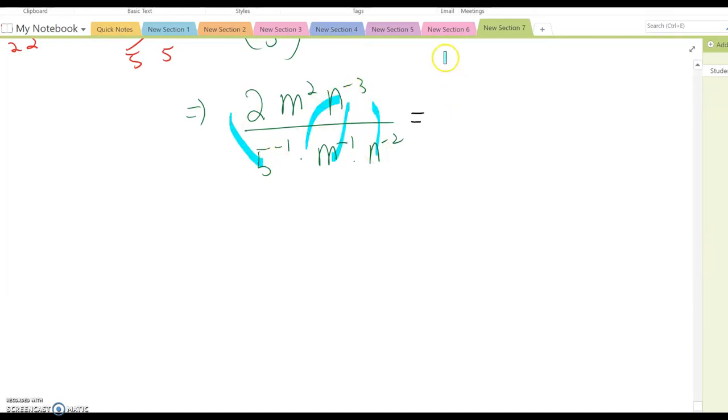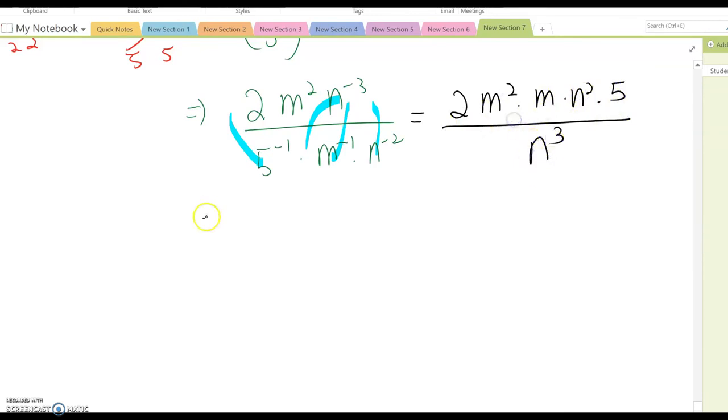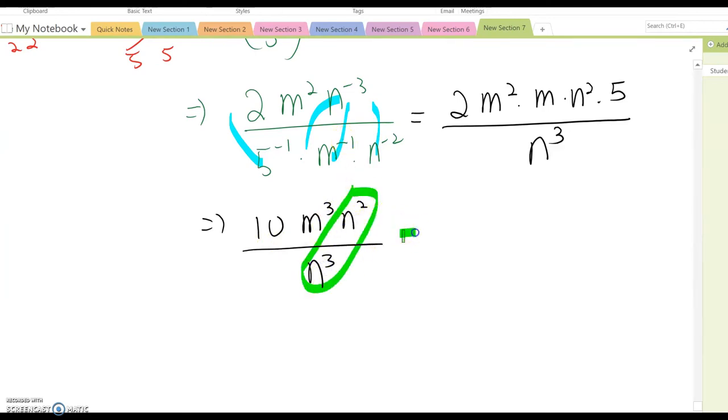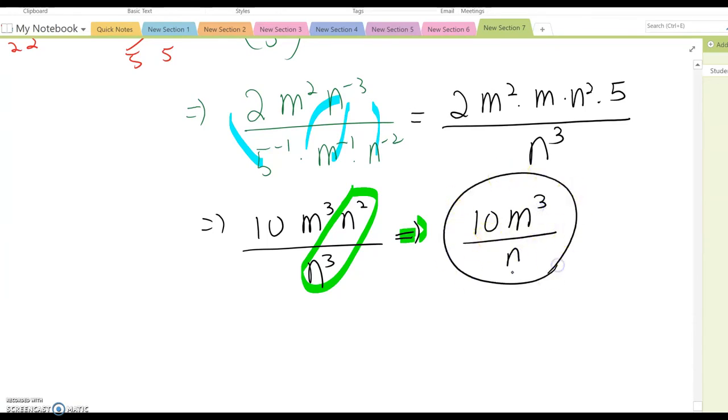Then 2 m squared m n squared and 5 over n cubed. So it becomes 10 m cubed n squared over n cubed. Now as you see, they are like terms. So simplify, then 10 m cubed over n. That's the answer.